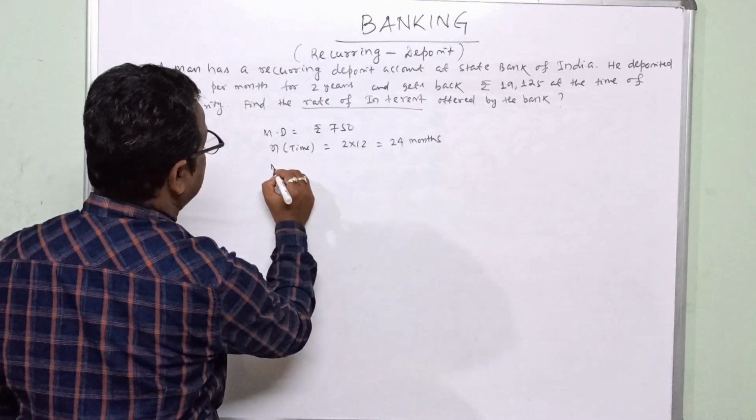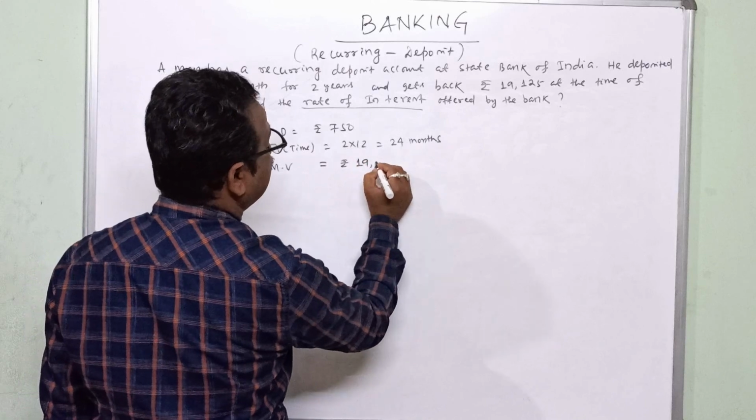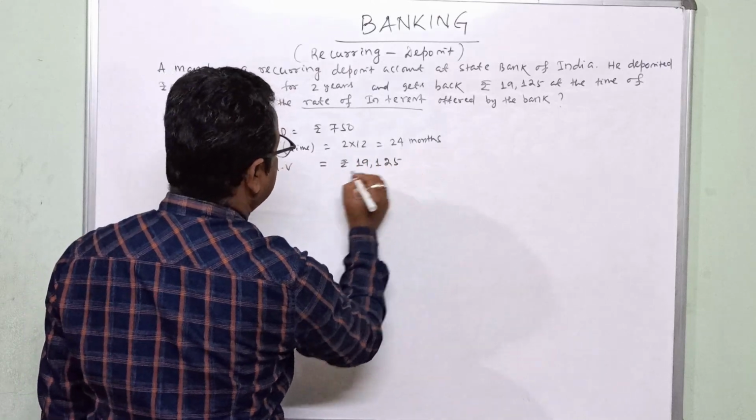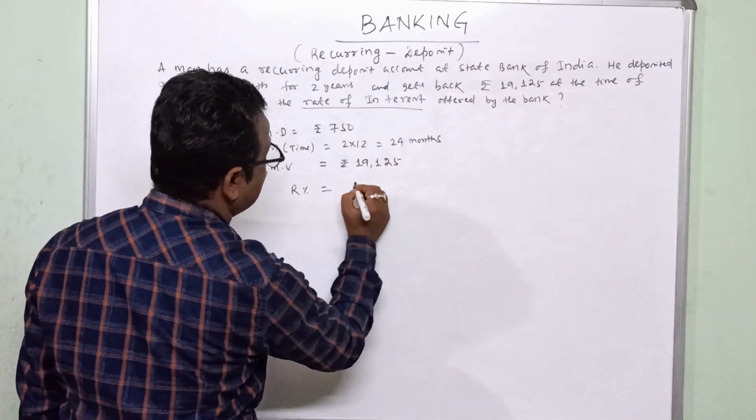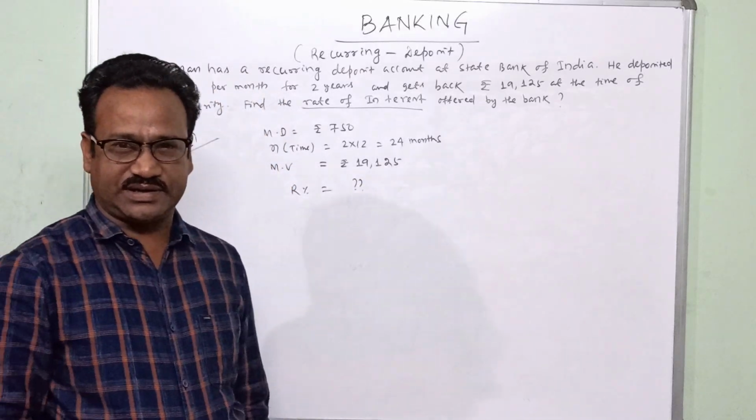Now your maturity value is equal to rupees 19125. Now R percent is equal to this. You have to find out the rate of interest.